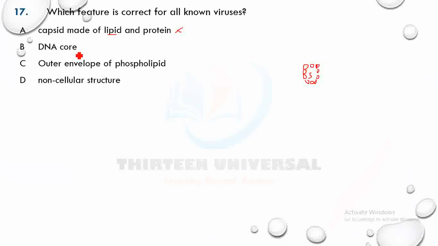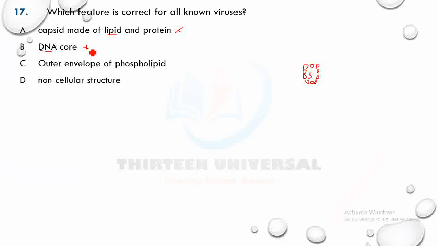Okay. B says DNA core. Not all viruses have DNA. Some have RNA, nucleic acid, as genetic material. So that also eliminates B. RNA or DNA, that's the genetic material of a virus.